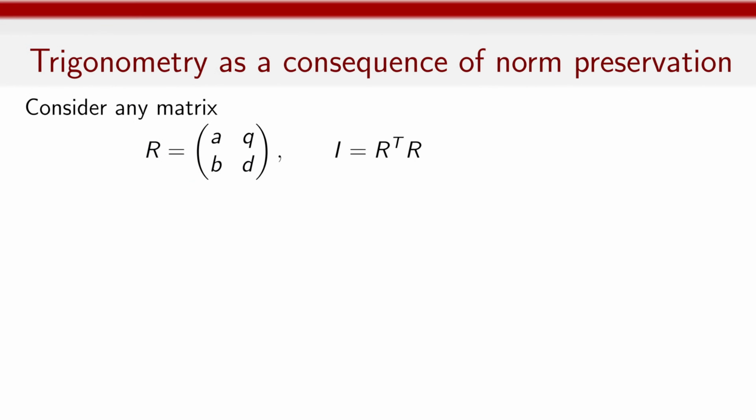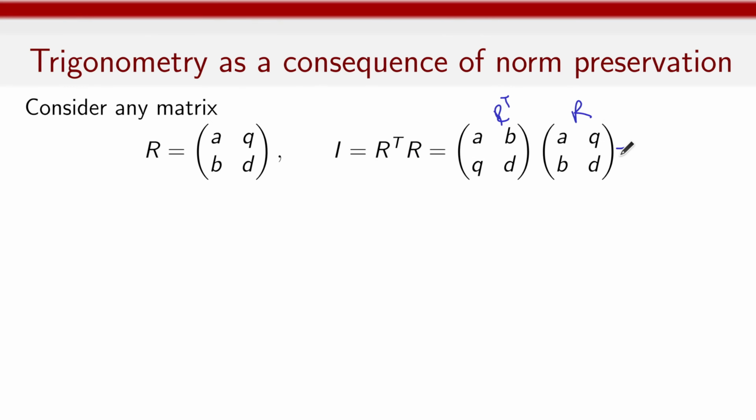So let us consider any arbitrary matrix with some numbers a, b, q, d. I did not use the C letter because we may get confused with cosine, so q. Then if I compute this expression, this is R transpose.